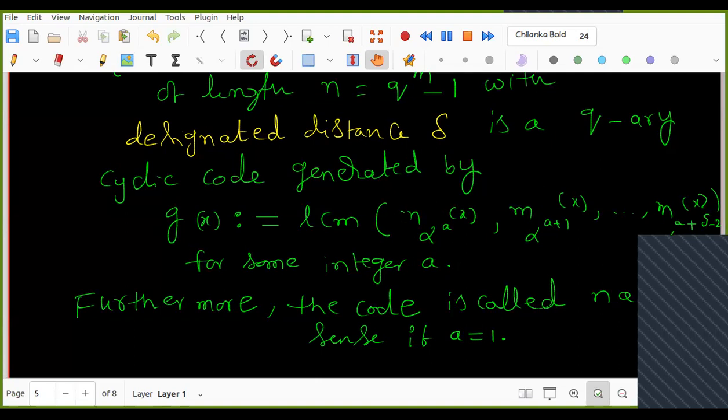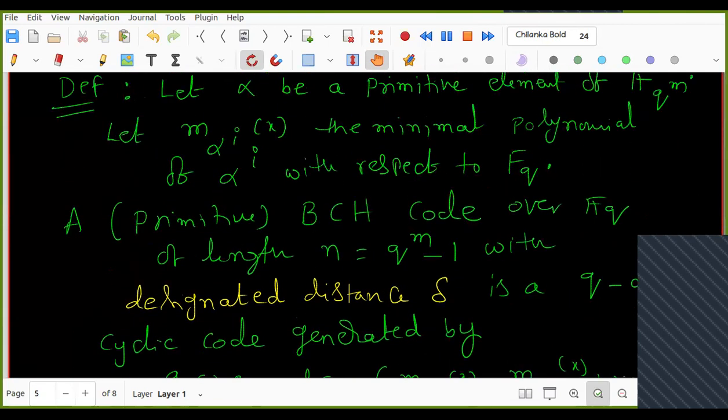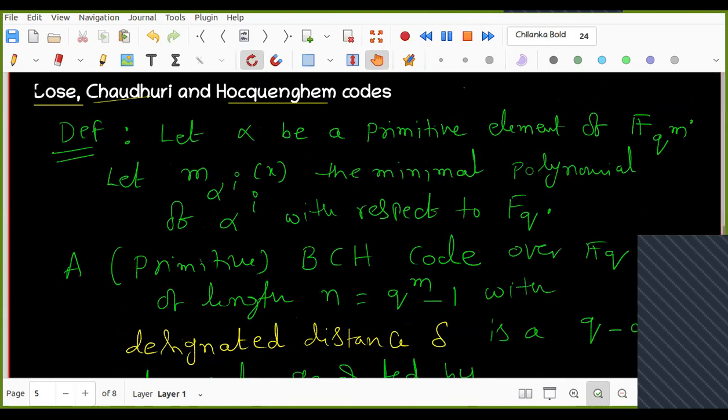It also divides g of x because g is the LCM, so that is quite obvious. But see, each minimal polynomial actually divides x power q power m minus x, which is equal to a product of some polynomials. We are factoring it actually. The factors correspond to the cyclotomic cosets, as you rightly pointed out.